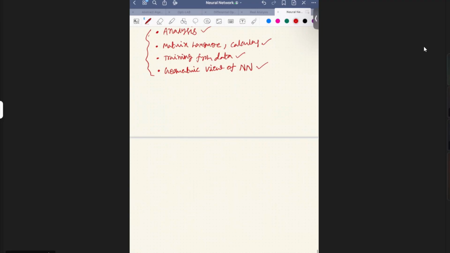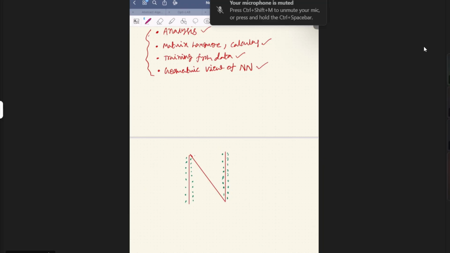If I say NIT, if I take an N from the NIT, and if I draw some points like this around this one, and this one are the green points, and there are pink points on this line, and again there are green points on this bottom.